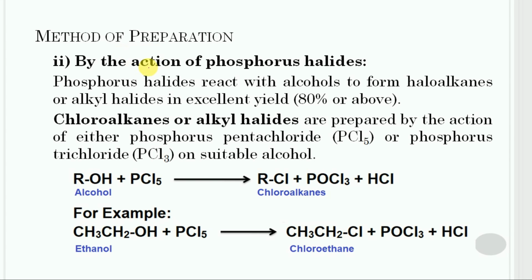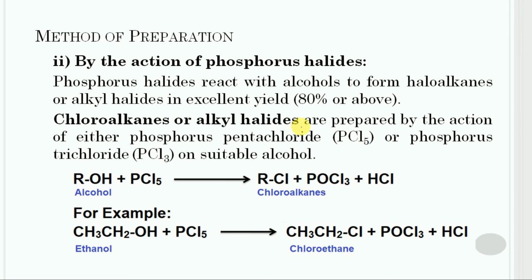Next is by the action of phosphorus halide. The phosphorus halide reacts with alcohol to form haloalkanes or alkyl halide in a very excellent yield, that is above 80%. Now first of all consider the case of chloroalkane or alkyl chloride.